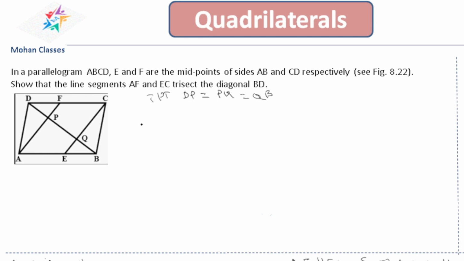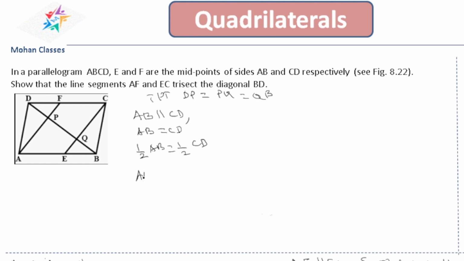Okay, let us take AB parallel to CD. That is AB is equal to CD because ABCD is a parallelogram. AB parallel to CD and AB is equal to CD. I am going to take divided by 2, half AB is equal to half CD. So that means AE is equal to half CD.